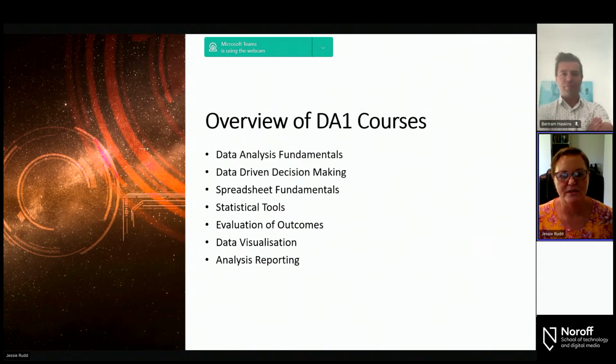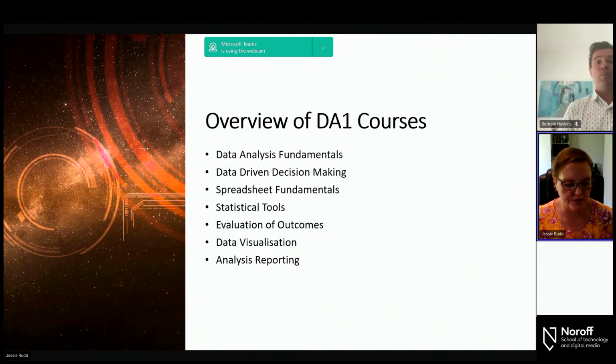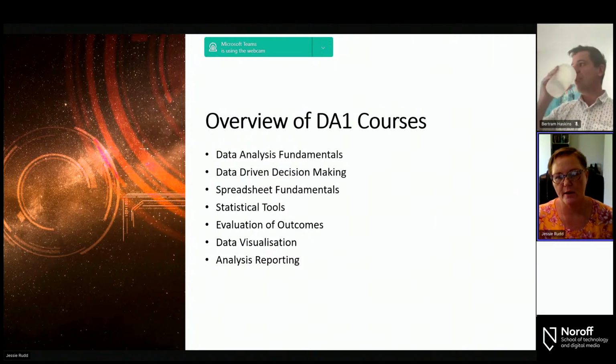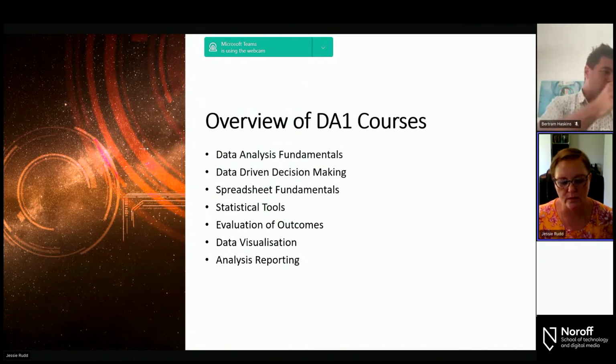Next, we move on to spreadsheet fundamentals. Over here, we build on the foundation that we laid in data analysis fundamentals, and we introduce the students to Excel, which is our primary tool for introducing students to working with data and analyzing data.